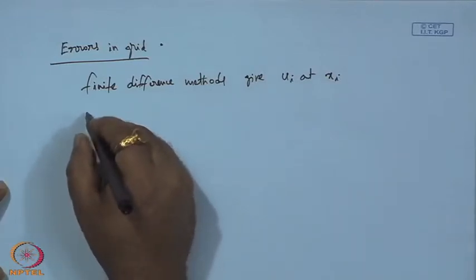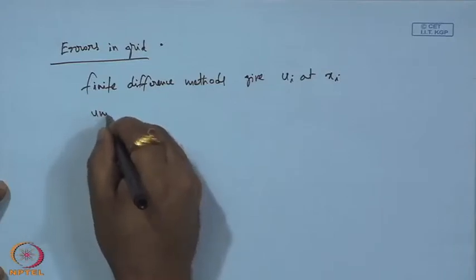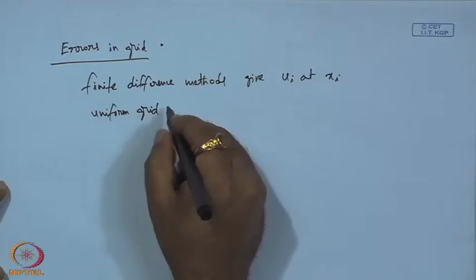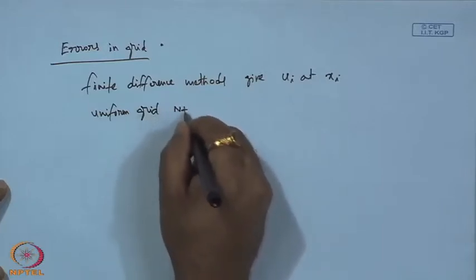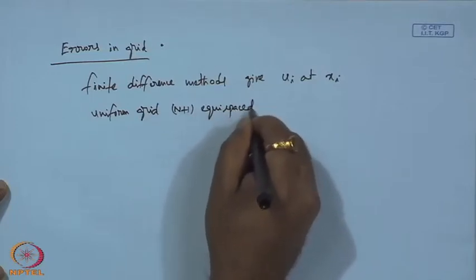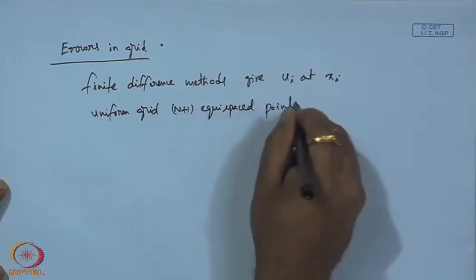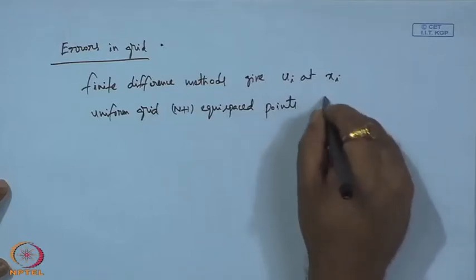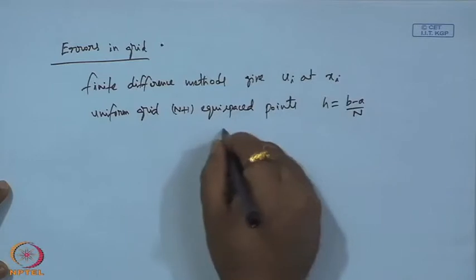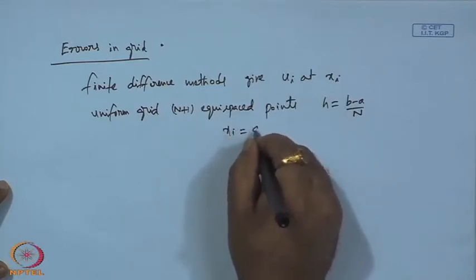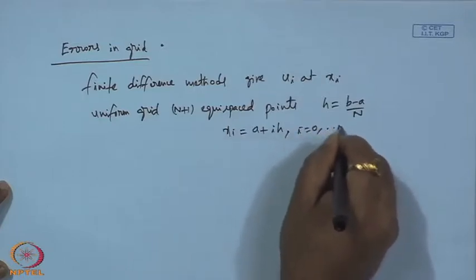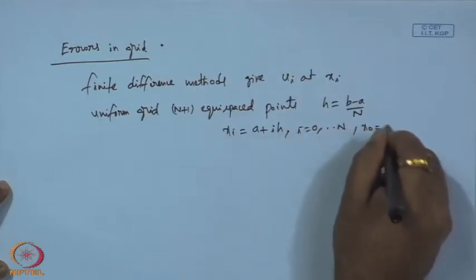So, for example, if we have a uniform grid with n plus 1 equispaced points with h equals to b minus a by n and x i equals to a plus i h, where x 0 is a.